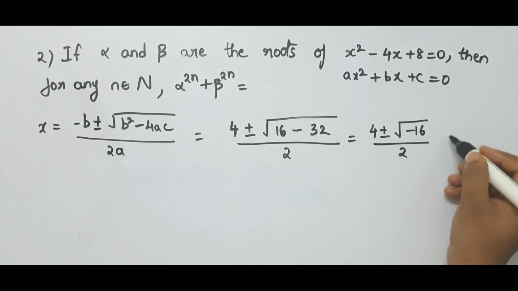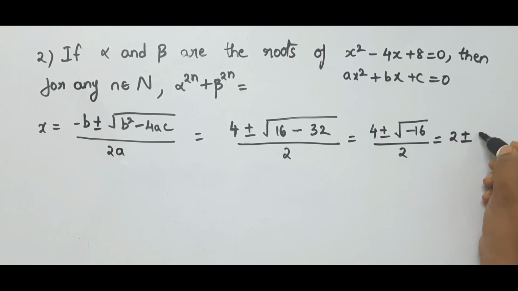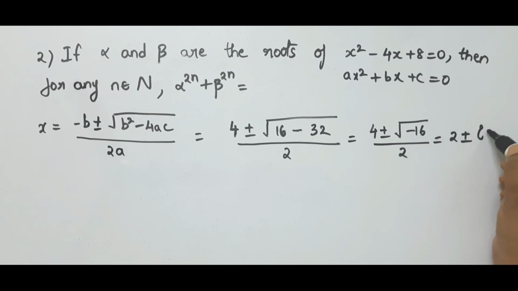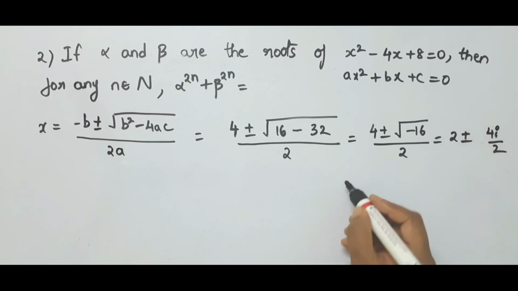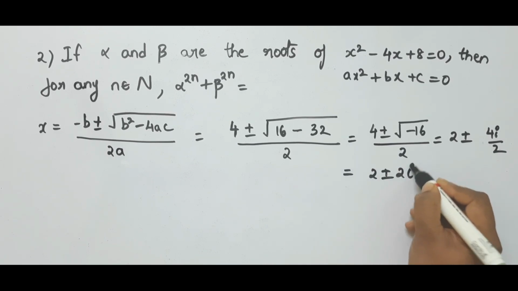So this is equal to 2 plus or minus square root of minus 1 can be written as i square, is it not? So square root of i square will be i, and square root of 16 is nothing but 4. So 4i by 2. So this is equal to 2 plus or minus 2i.